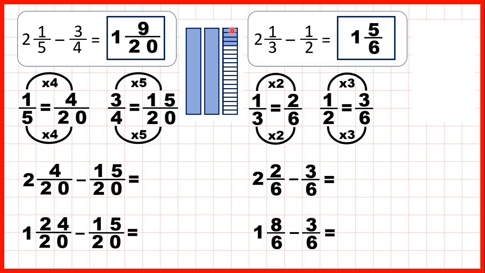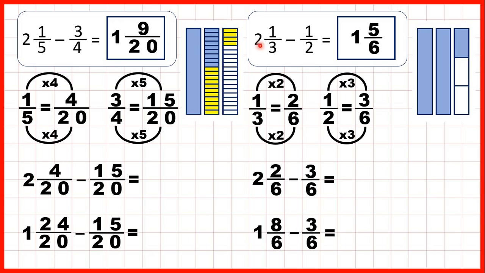Because we only had 4/20, what we did was change one of our wholes into 20ths as well. That meant that we had 1 whole and 24/20, because we added the denominator to the numerator and took one of our wholes away. But then we could subtract 15 of those 20ths, which is the same as subtracting 3/4, and that left us with 1 whole and 9/20 left in blue, so that's our answer.